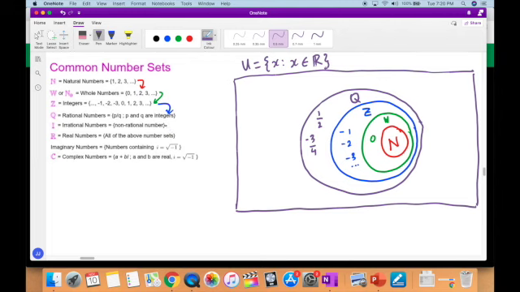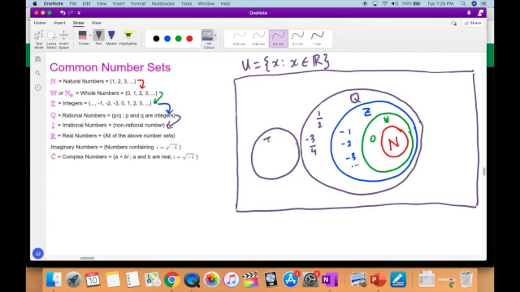And then now, I have irrational numbers. Irrational numbers are kind of a special thing by themselves. The rational numbers are not in the set of irrational numbers, so we could put that set of irrational numbers outside here.